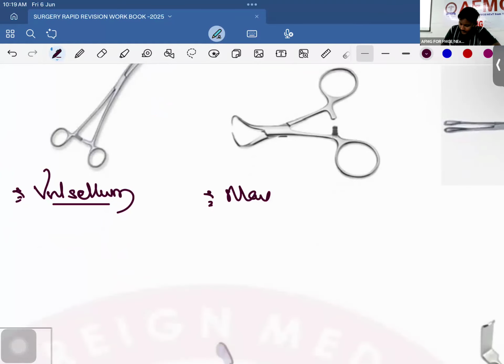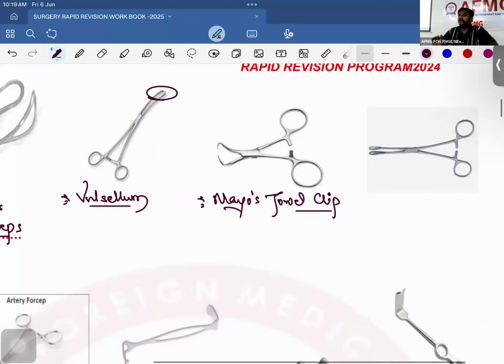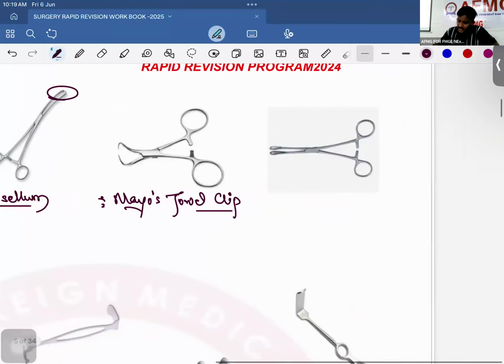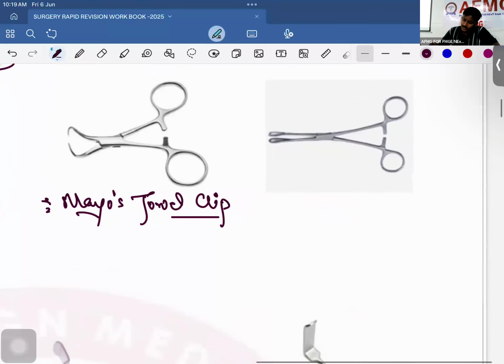Next important, what is this? Very good. This is nothing else but the Mayo's towel clip, beta. This is used whenever we have to fix the surgical drapes during surgery, beta. For fixing the surgical drapes or fixing the suction during surgery, we use the Mayo's towel clip. Next. We know that this is a forceps, beta, because it has a ratchet.